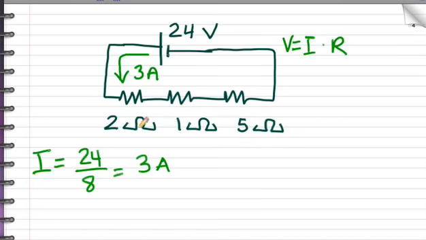This one has a voltage of 3 times 2 or 6 volts. This one has a voltage of 3 times 1, 3 volts. And this one has a voltage of 3 times 5, 15 volts. 6 plus 3 plus 15 equals 24, the voltage of the battery.